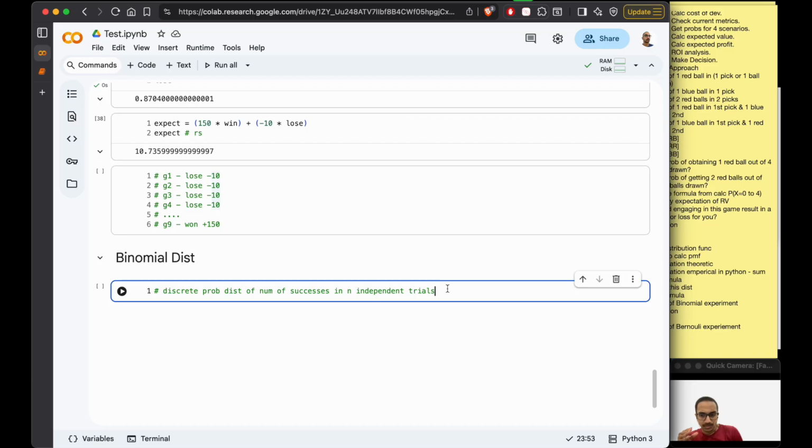Obviously discrete probability distribution means these are countable values, and number of successes meaning those countable number of successes in n independent trials. We already saw it in the previous question.